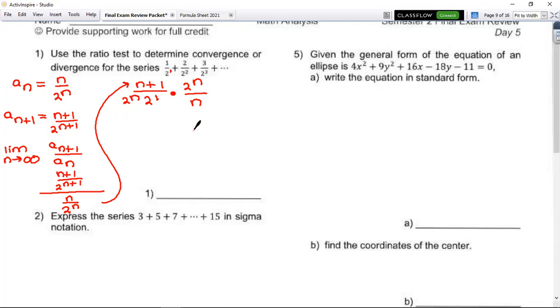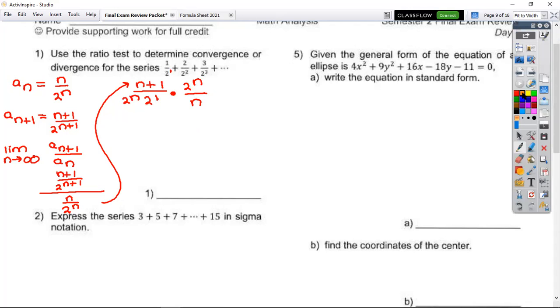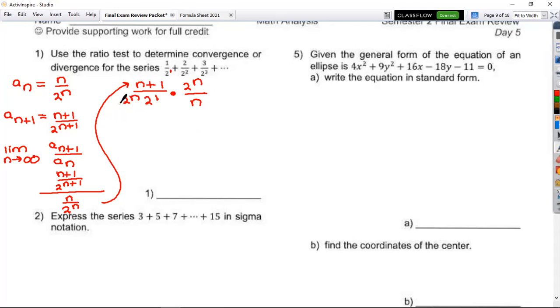And then you're going to take these and you're going to cancel. All right, so if you think about your canceling here, I can get rid of 2 to the n, and you're left with n plus 1, and then divided by 2 times n. And then again, we're taking the limit as n approaches infinity. And at this point, you do not have to show that work algebraically if you just know this limit is 1/2.